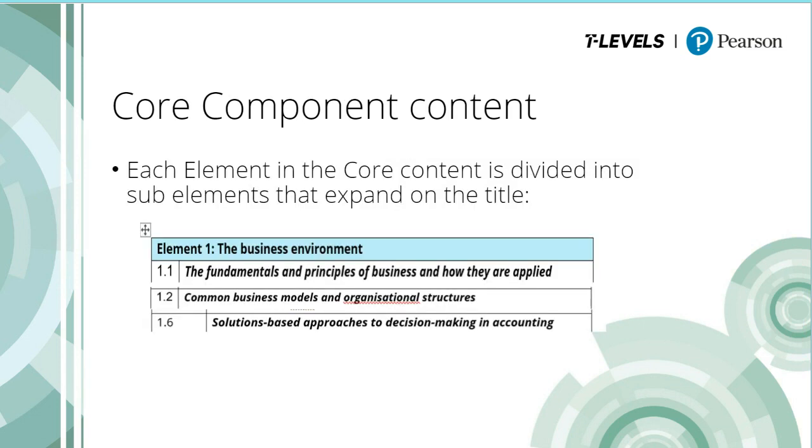Okay, now I'm just going to discuss how the core component content shows in the specification and what this is telling us as practitioners. We see either the 13 or the 14 key core component elements listed. The one here, for example, is element 1, the business environment, and that acts as a title.